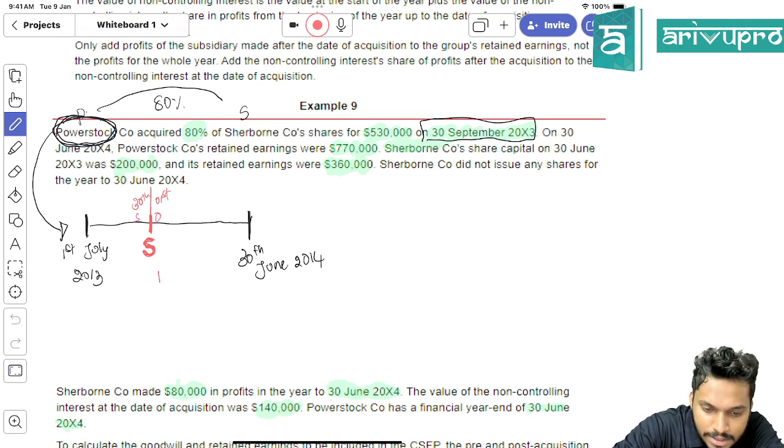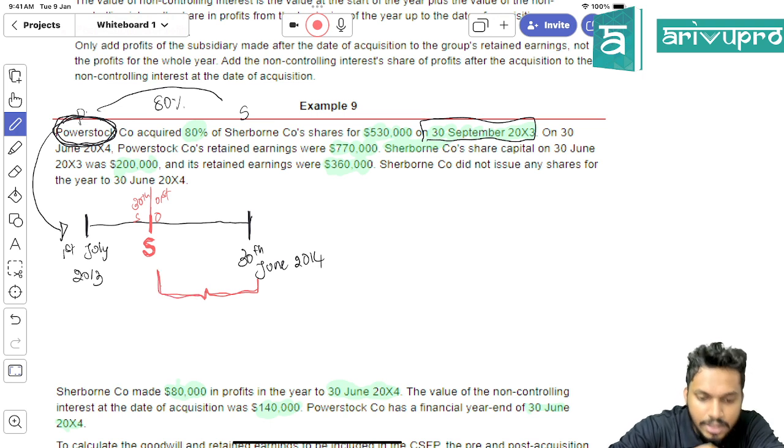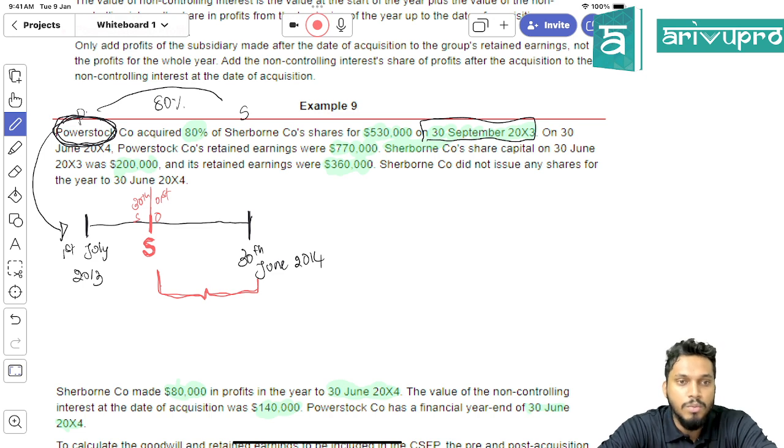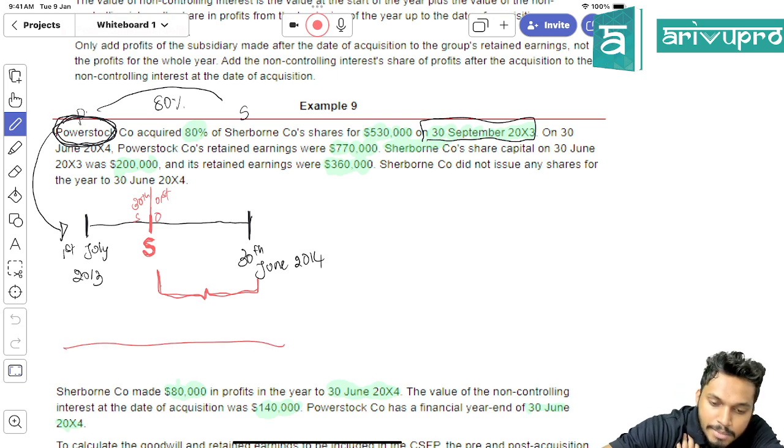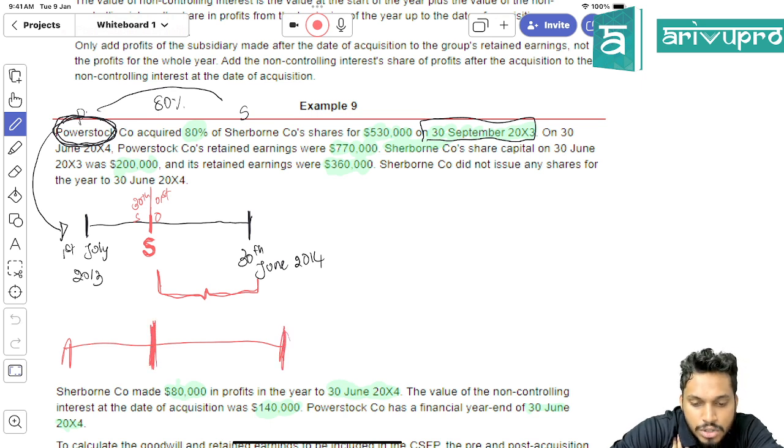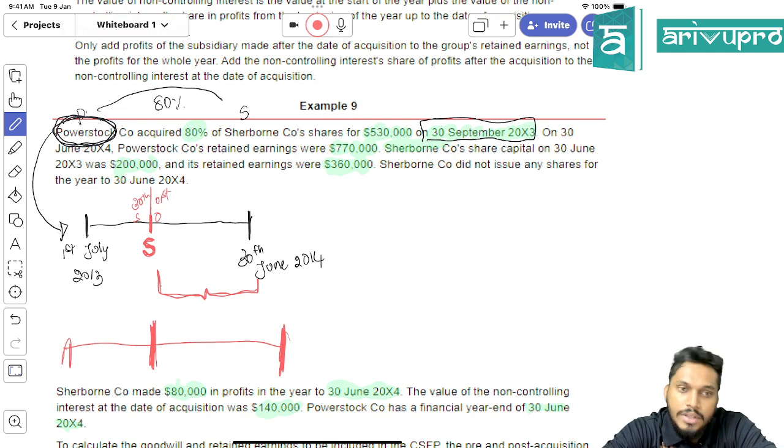This is the period of consolidation I need to take care of. Is anything before it in my consolidated period? No. Does that profit belong to me? No. The subsidiary would have operated its business throughout its financial period. However, the profit which belongs to us is from October to June 2014. Is everyone clear about that?